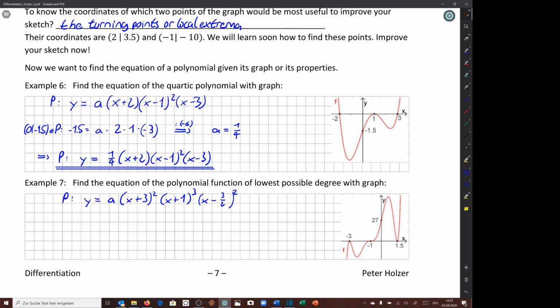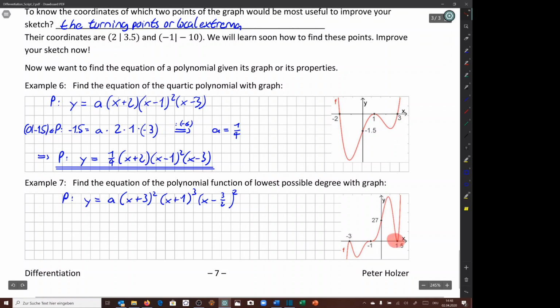The ansatz for our polynomial function equation is y equals a times, so the unknown parameter a. Then we take this 0, so we get x plus 3. It is touching, so we have to take it to the power of 2. Then the next 0 here, we cut horizontally, so we get x plus 1 to the power of 3.